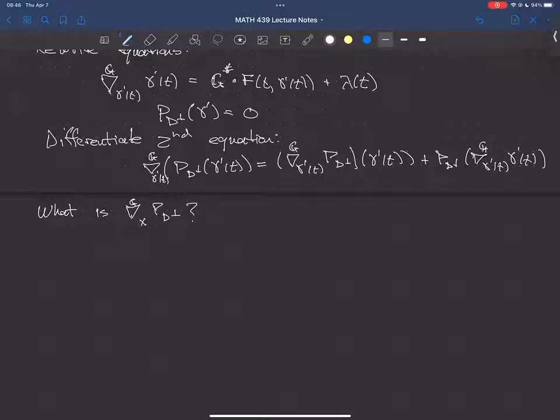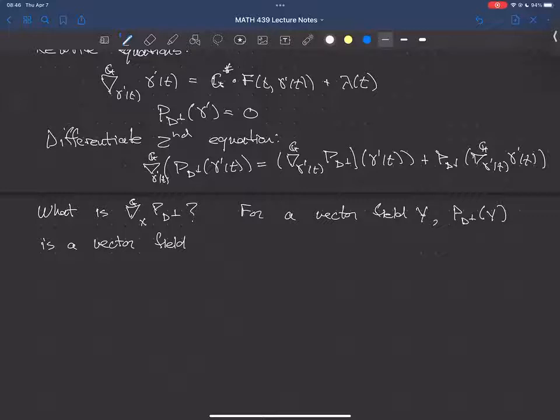Okay, so let's see how that goes. So for a vector field Y, P_D perp Y is a vector field. It's the projection of the vector field Y into D perp.